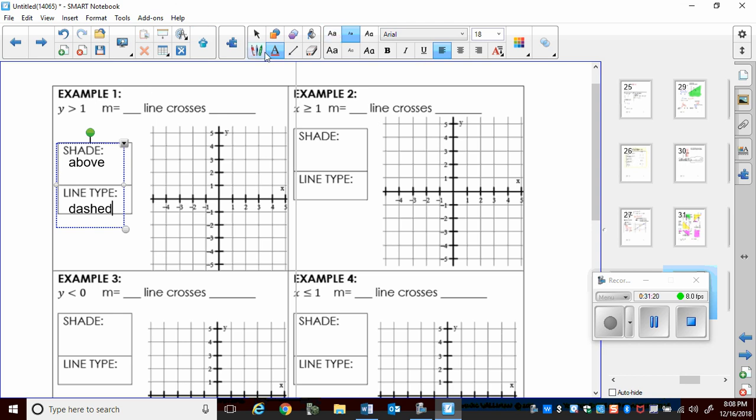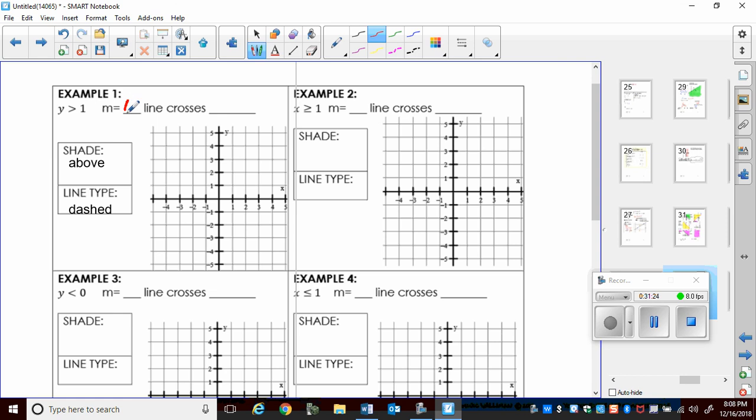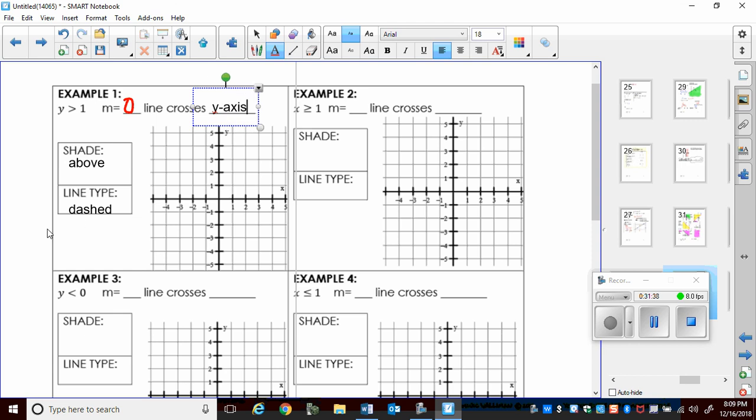So I'm going to go to the y-axis and fill these things in, but first my slope is 0 for horizontal lines. All right, so this line crosses the y-axis, and it's a horizontal line.